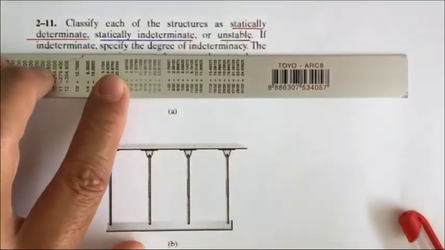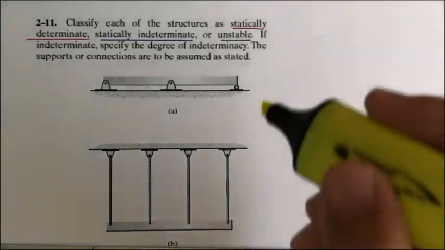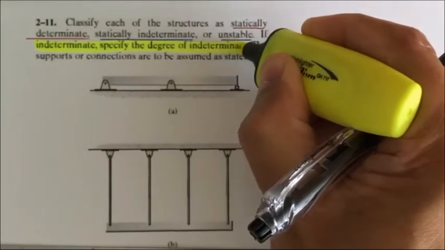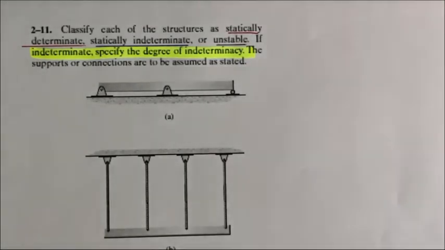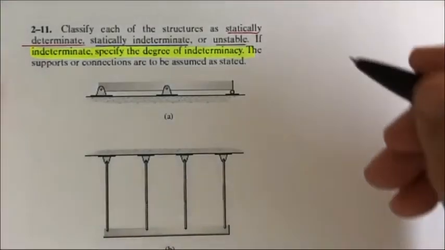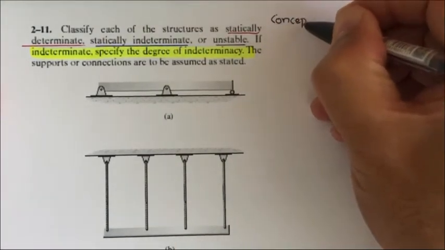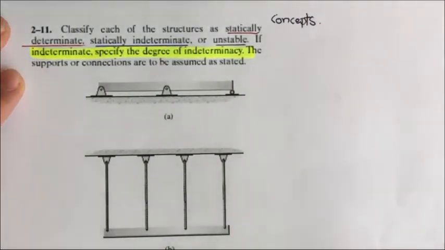Okay, we will start by classifying this kind of structure, and then if we find that the structure is indeterminate, we are supposed to compute the degree of indeterminacy of the structure. Okay, we start with the concept that we have to classify the structure.